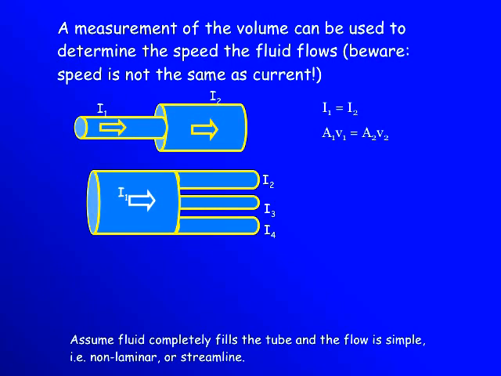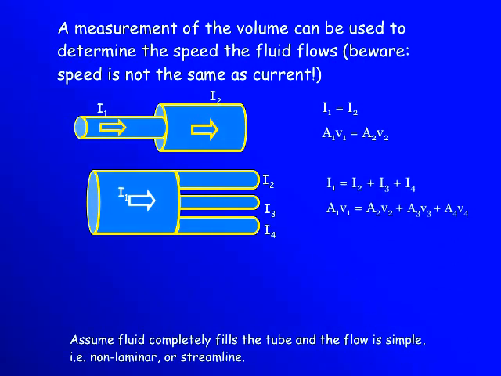If the cross-sectional area A2 is twice as great as A1, then V2 is half of V1, so that A2 times V2 ends up being the same product as A1 times V1. This is only true if the fluid completely fills the tube.